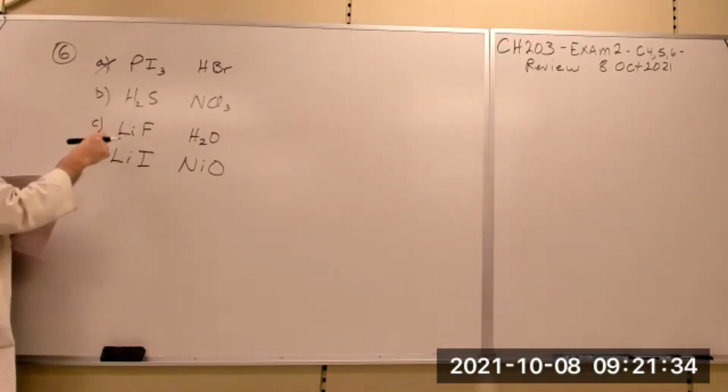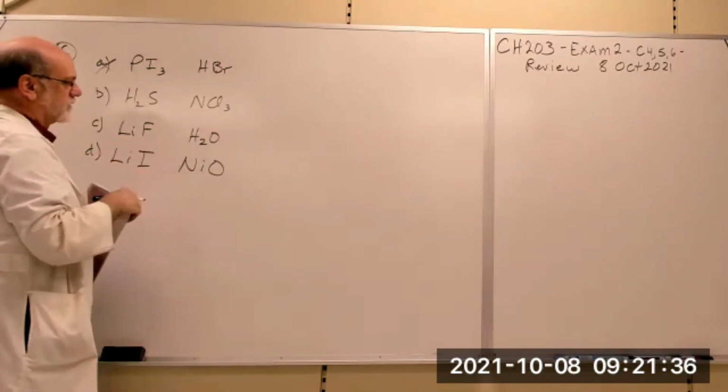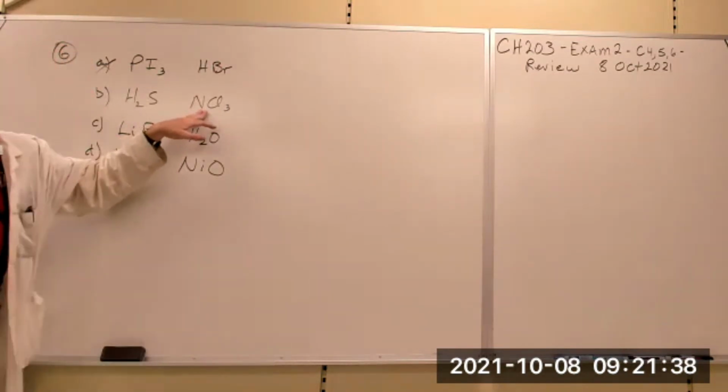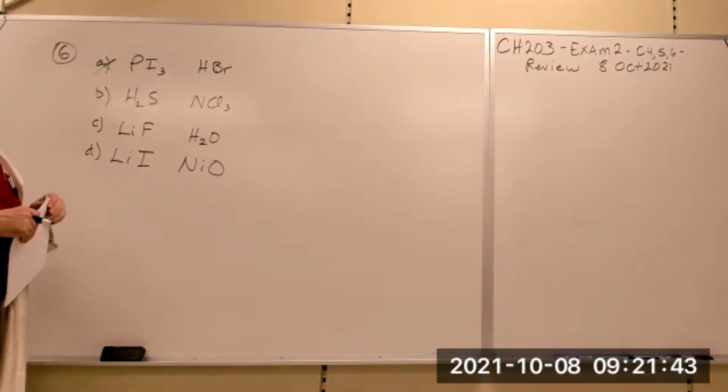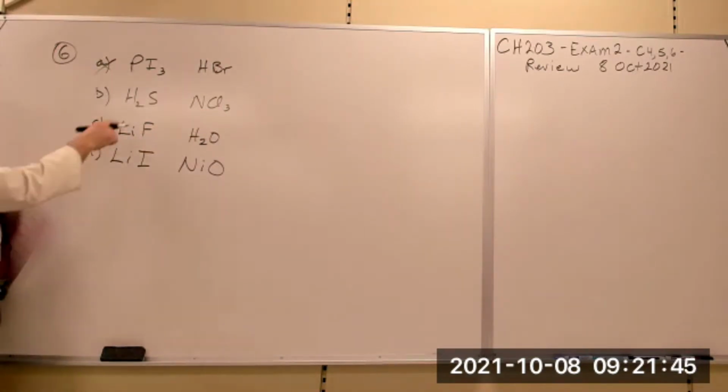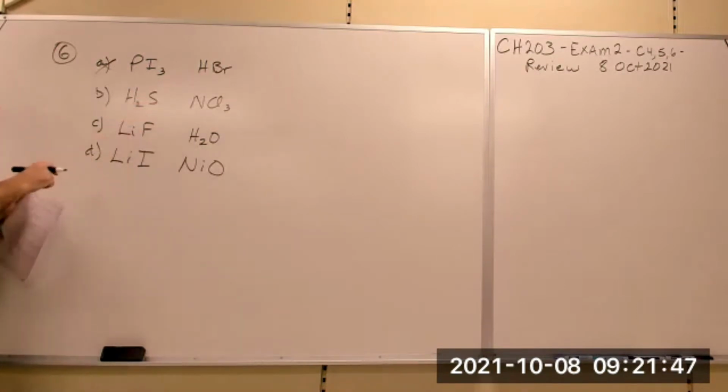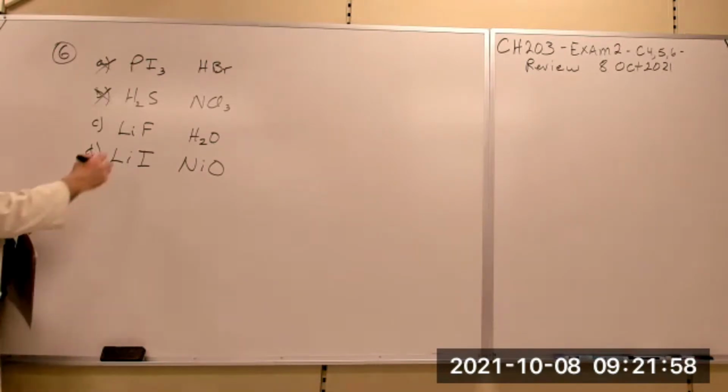How about H2S and NCl3? Nitrogen and chlorine are both nonmetals, so that won't work either. And this is a similar situation to that one. We're looking for both ionic. How about lithium and fluorine? Oh yeah, that's ionic, definitely.